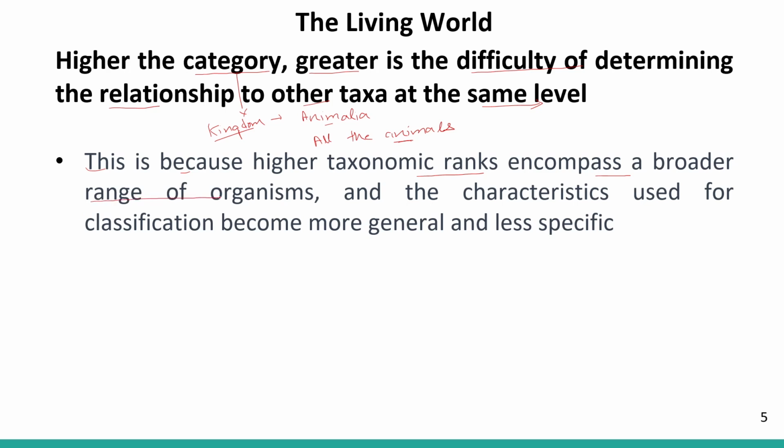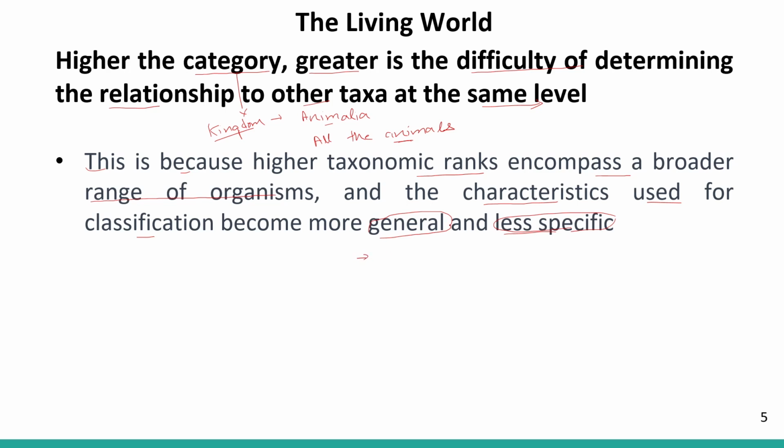They are very broad and diverse, and the characteristics used for classification become more general and less specific. Because of this, there is greater difficulty in determining relationships to other taxa at the same level.